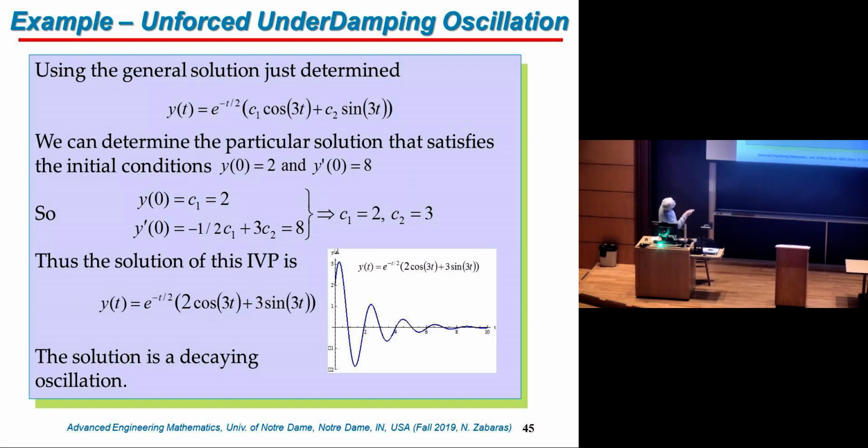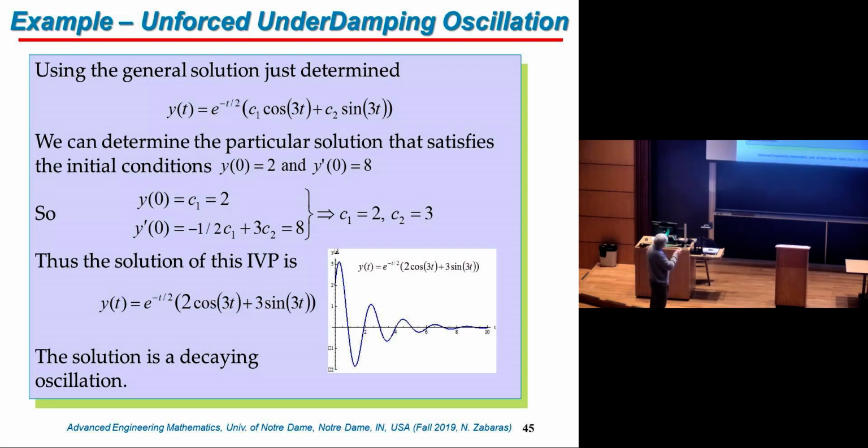Yeah, so if your initial conditions are given like that, you just have to plug in t equal to 0 and also evaluate the derivative at t equal to 0, solve for C1 and C2, and there is the answer.